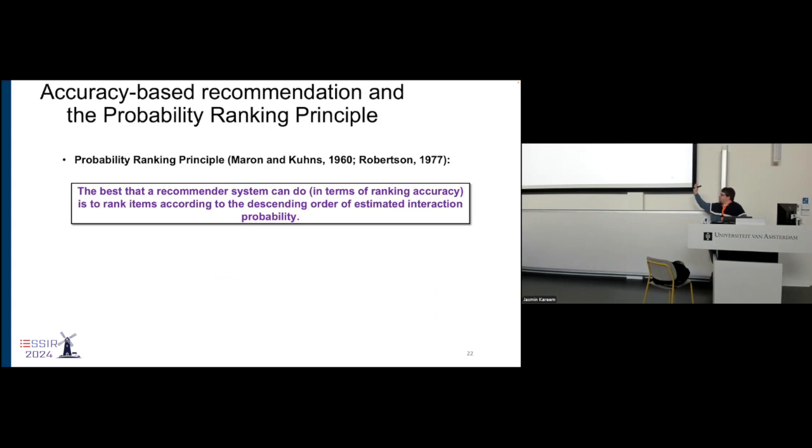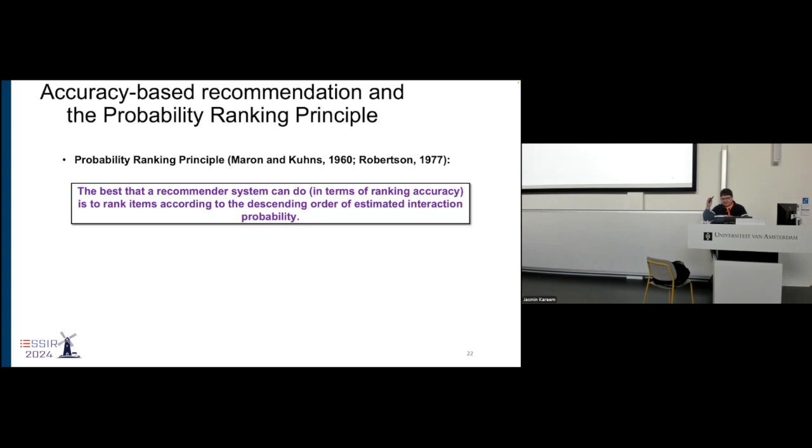And this is a statement here. This is actually the probability ranking principle, quite an old one, familiar to some senior IR people here. I reformulated this principle to be more applicable to recommender systems, but in general, it applies to document retrieval as well.